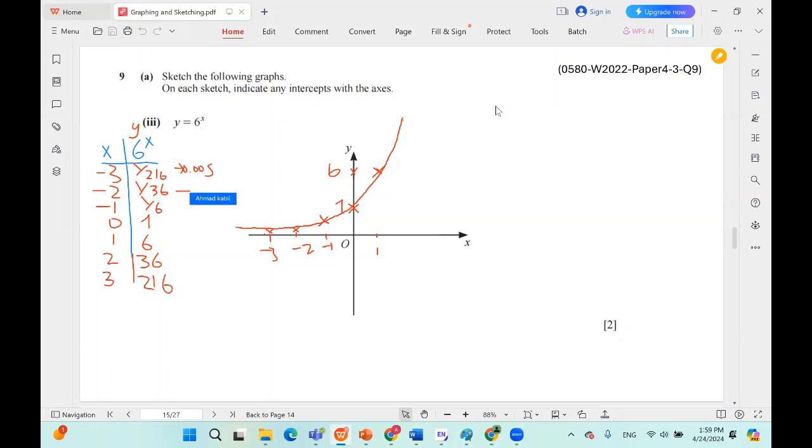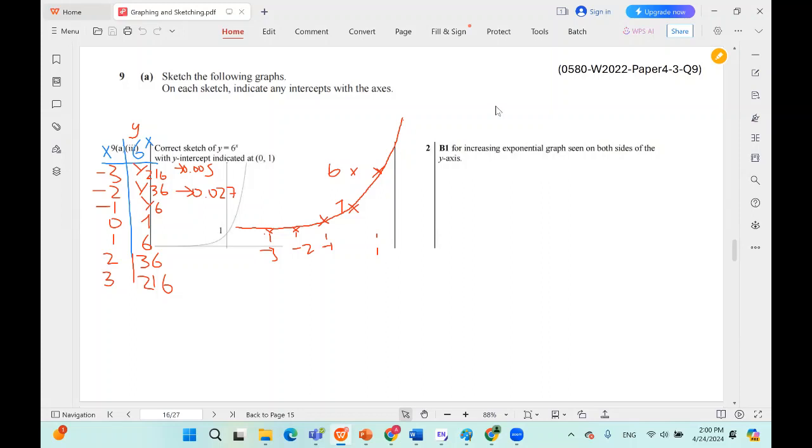So you can see that we are approaching 0, but not quite reaching 0. 0.027, 0.005. We keep decreasing, but never actually crossing the x-axis. This is the graph of an exponential function. And they are interested in your y-intercept. So you have to make sure that you have the correct y-intercept here.